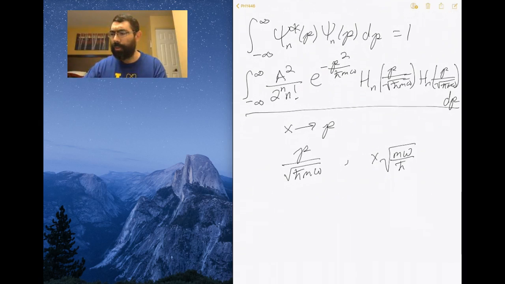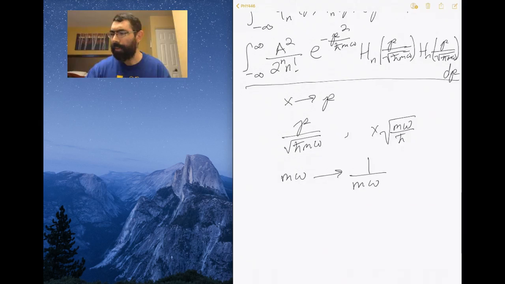And so really the only change is that the m omega should become 1 over m omega. So we can take our solution from when we solved it in terms of x and just replace, wherever we see m omega, it with 1 over m omega.